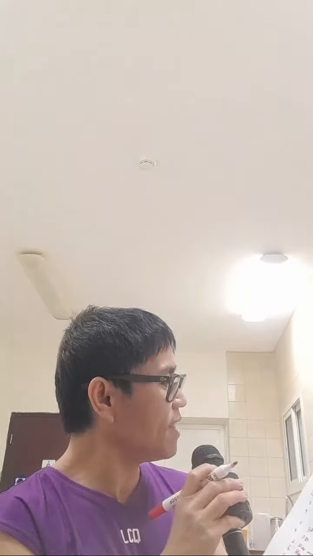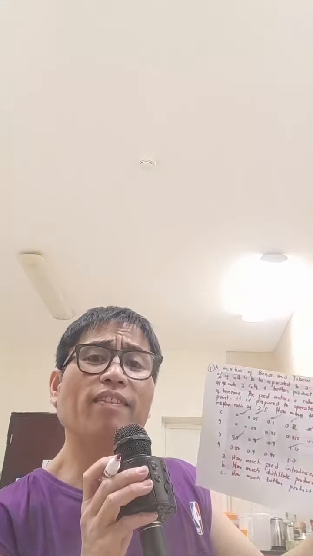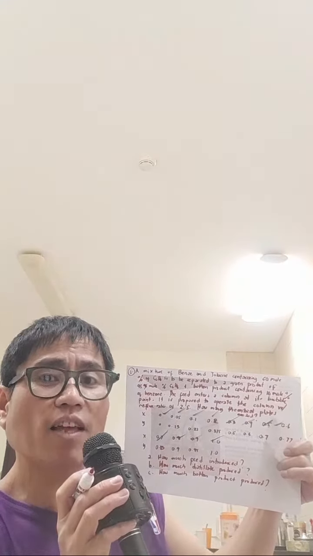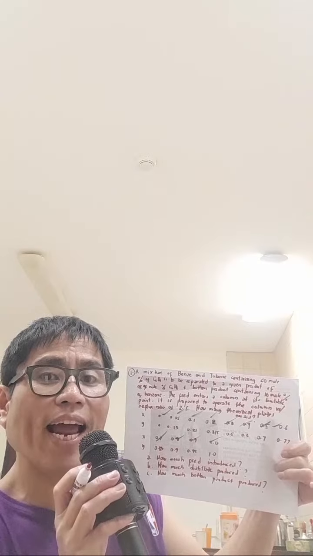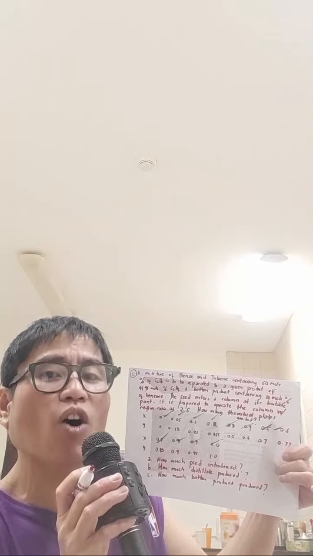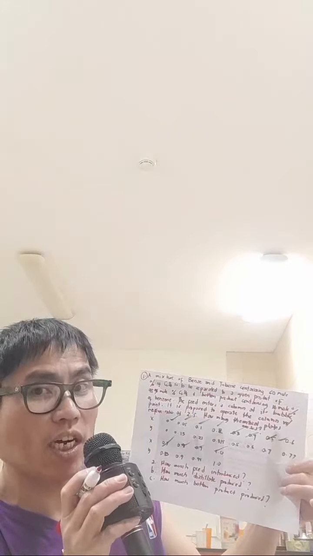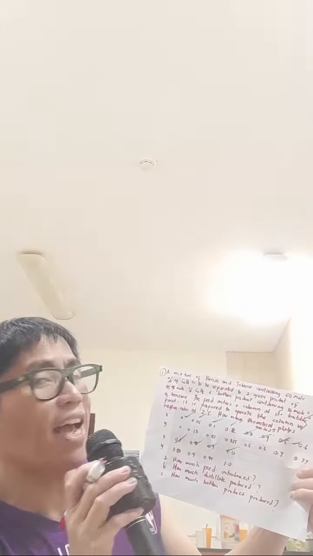So our XD of the distillate is 95 mole percent: 95 moles divided by 100 moles, our basis of calculation, times 100. The mole fraction of benzene in the distillate is equal to 0.95, so our XD is 0.95.